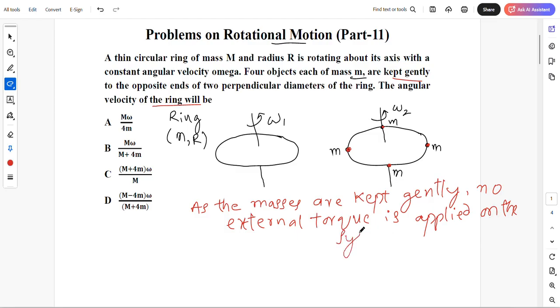It is clearly given that these four masses are kept gently, so no external torque is applied on the system. Therefore, angular momentum is conserved. That is, I omega is conserved.